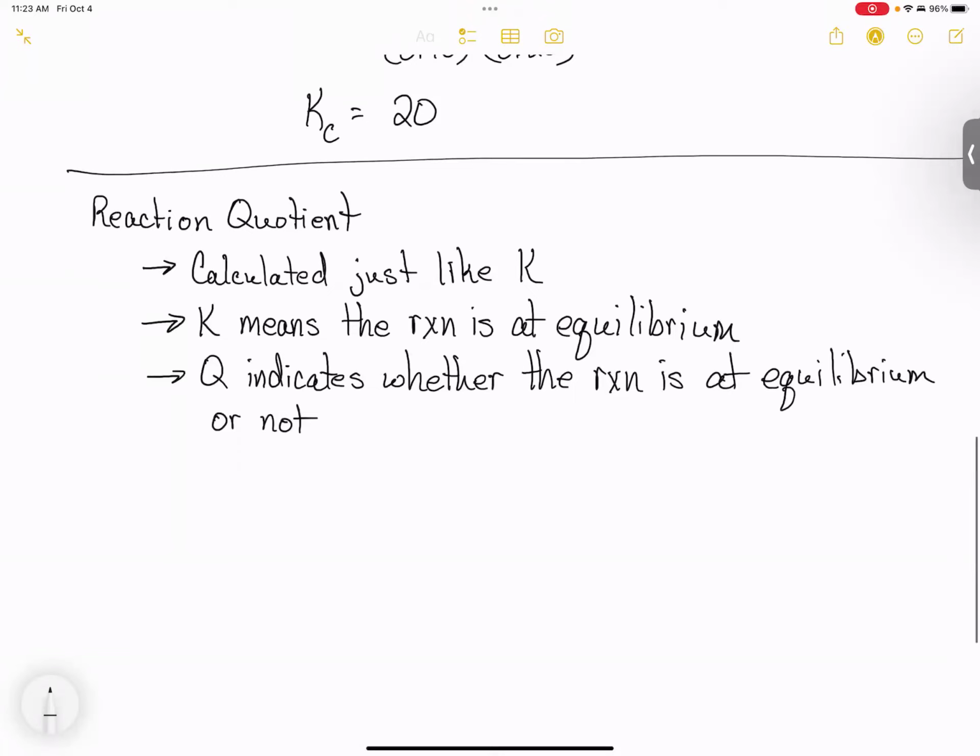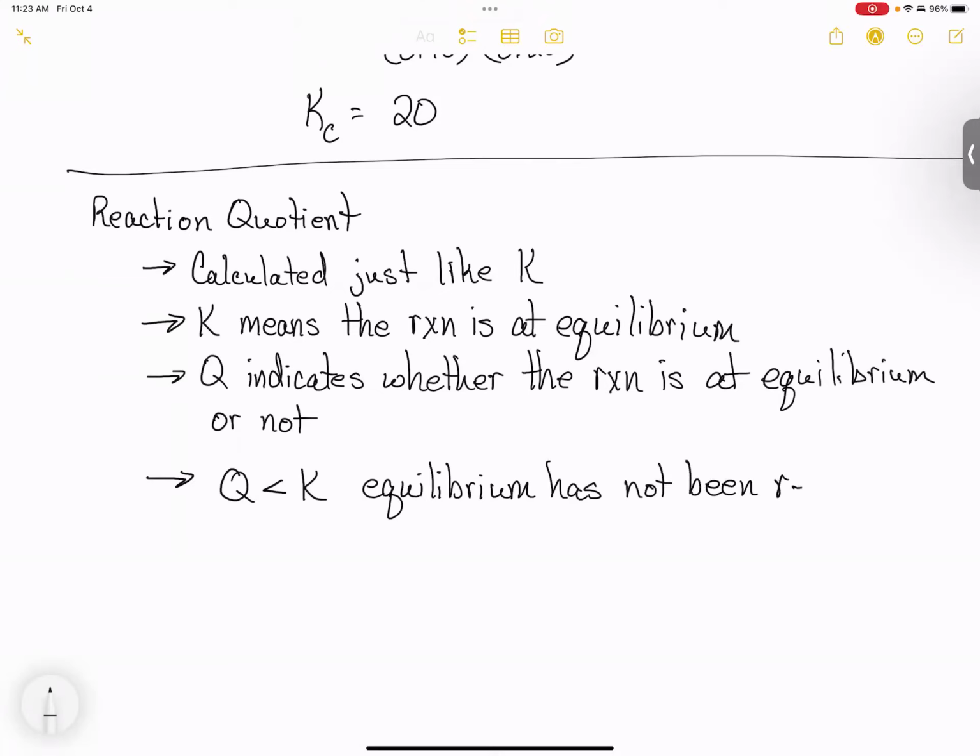So what we know is when we calculate Q, if Q is less than K, equilibrium has not been reached, and the reaction proceeds towards the products.